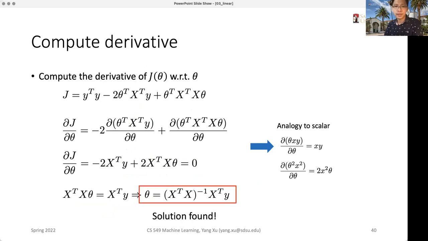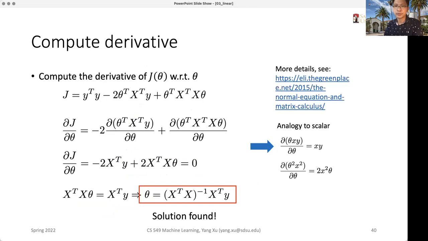It's the so-called normal equation solution for multiple linear regression. You can refer to this link for more detailed introductions to this topic, and most statistical books will cover more details than this.